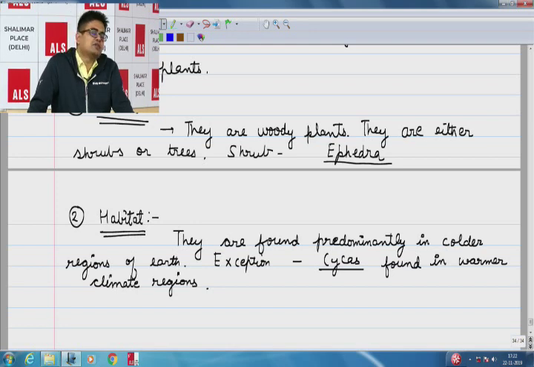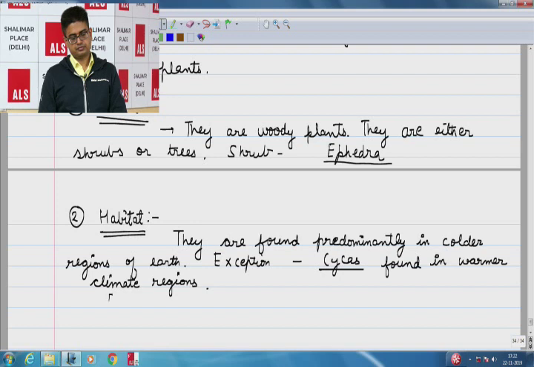In the summer months, there is shortage of water. Only the water present in the soil as moisture is available, and the plants which are able to show some xerophytic adaptations can only survive. So gymnosperms are well suited for this because they have xerophytic adaptations. Angiosperms are not suited for this habitat. That is why in colder climates, gymnosperms dominate.